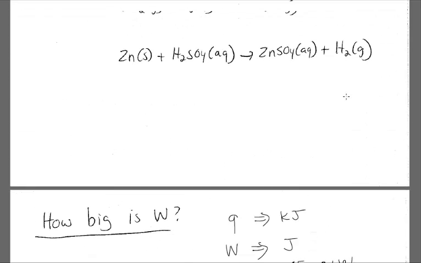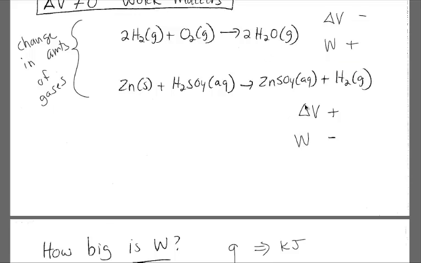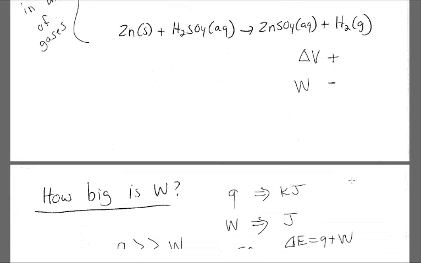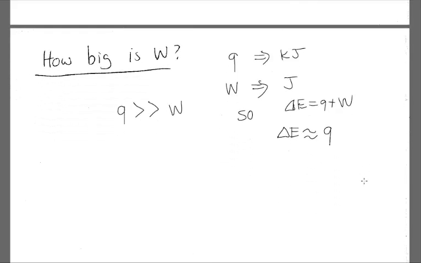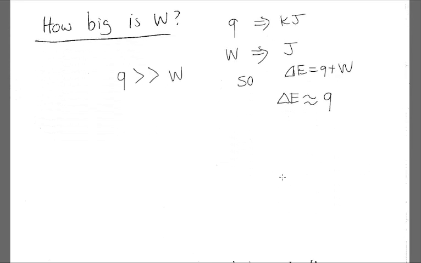When the number of moles of gases change, then work is more significant, but it's still very small. So we often just ignore the work term altogether. Sometimes it's essentially zero, other times it's just ignored because it's small.